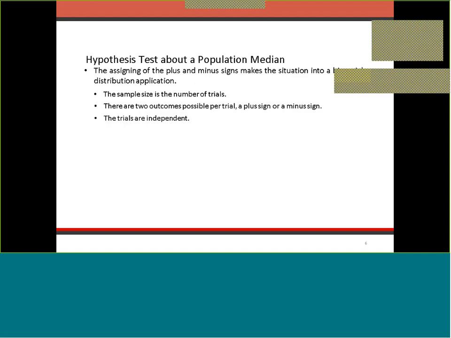Then your sampling distribution follows a binomial distribution with P equal to 0.5. What is your test statistic? Your test statistic is the number of positive signs. How do you give positive signs? For all those data points above the median, you will give positive signs. For all those data points below the median, you will give negative signs in the sample.